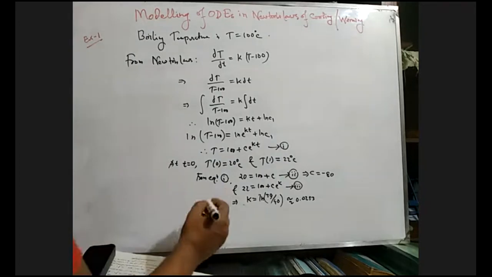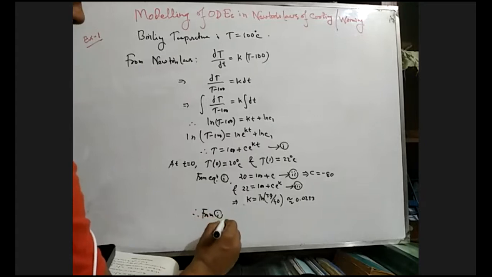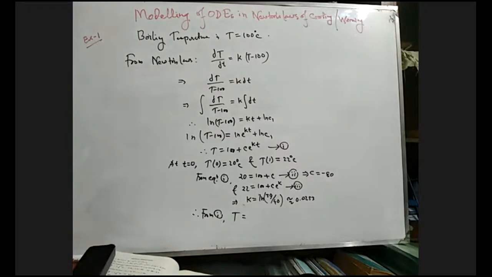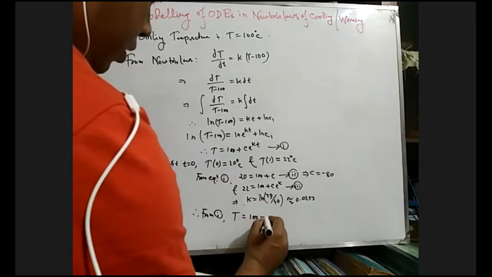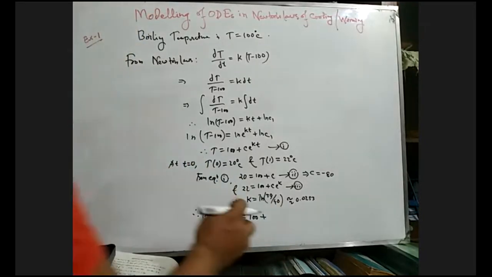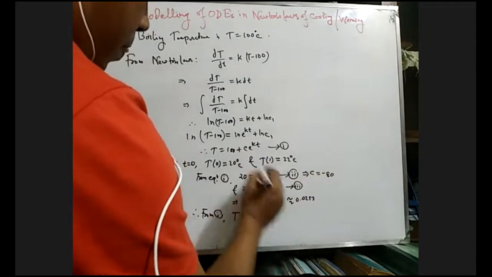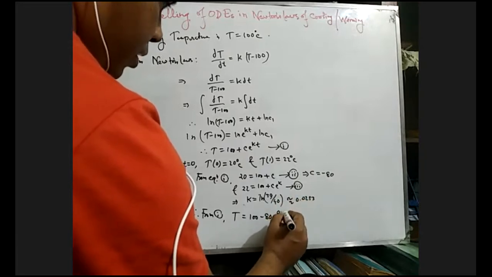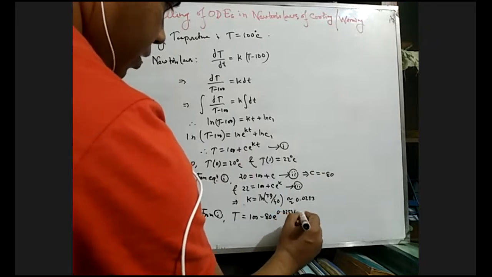So from equation 1, therefore, capital T equals 100 plus c, where c equals minus 80, into e to the power 0.0253 t.